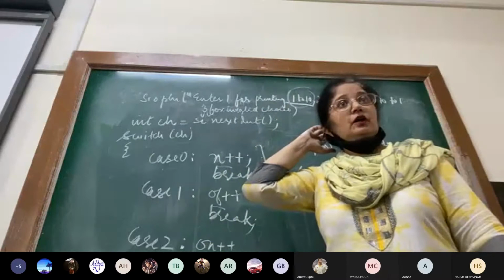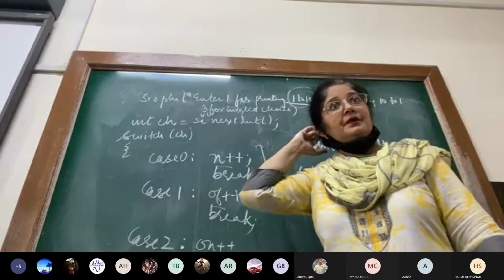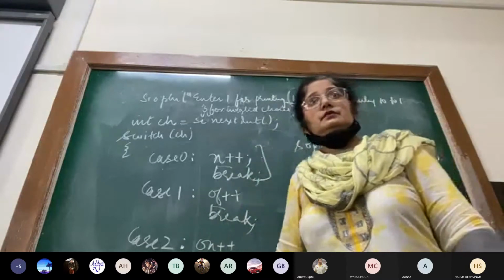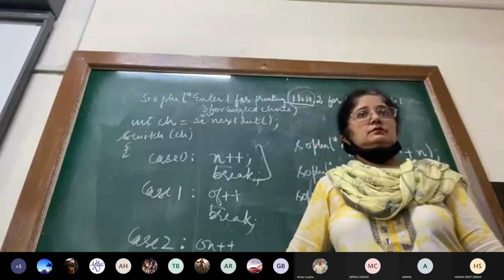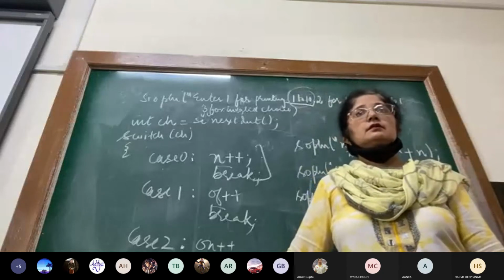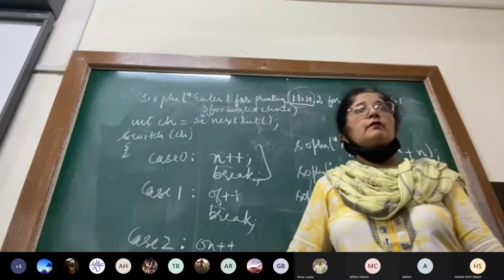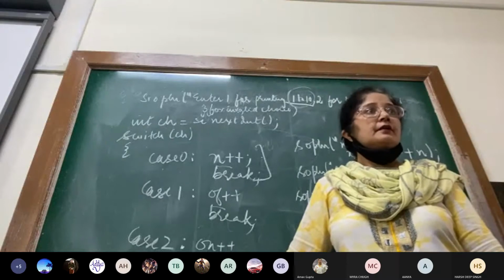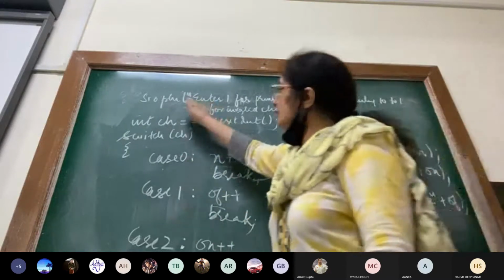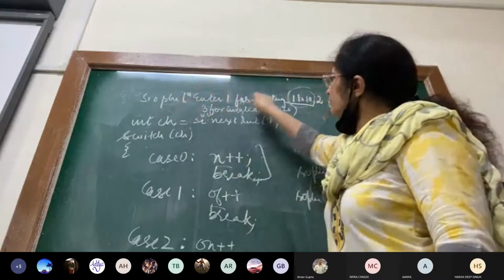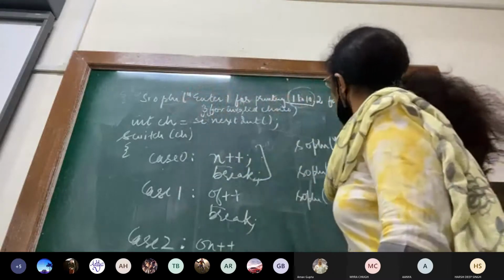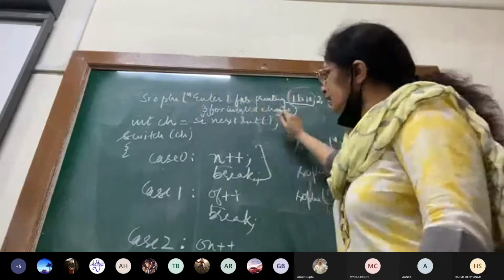System.out.print 1, 2, up to 10. This way we will print. Yes, nothing. We will use a for loop from 1 and we will go till 10. But here I am saying this is a menu driven program. Now menu driven program, enter 1 for printing 1 to 10, 2 for printing 10 to 1 and 3 for an invalid choice.